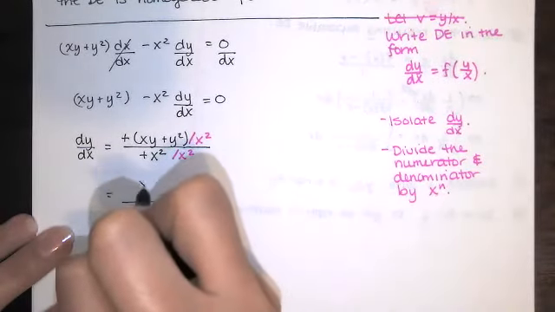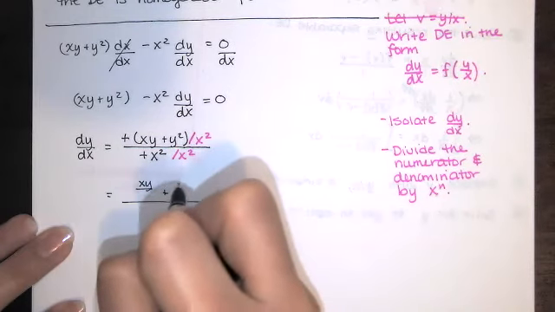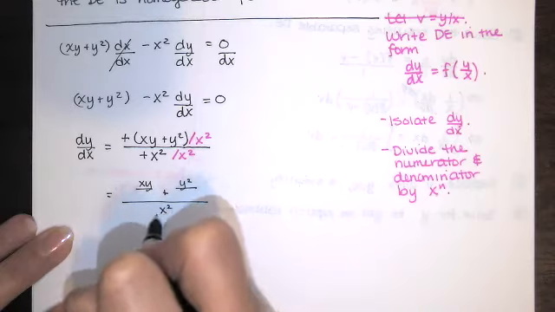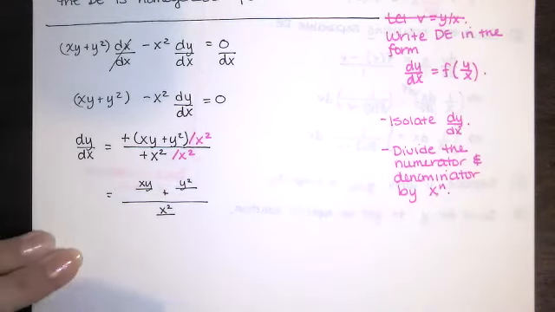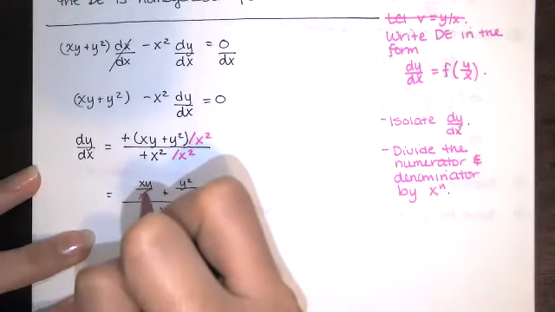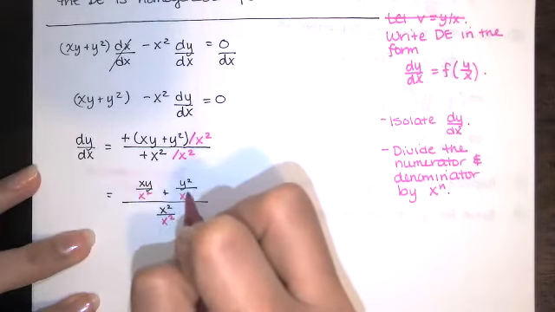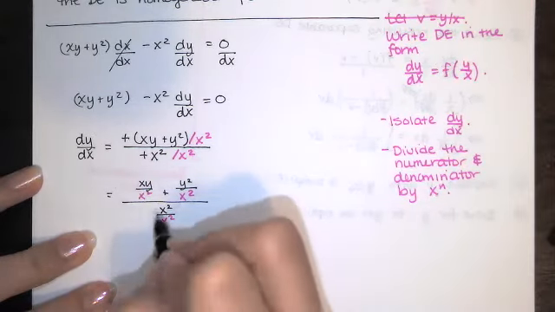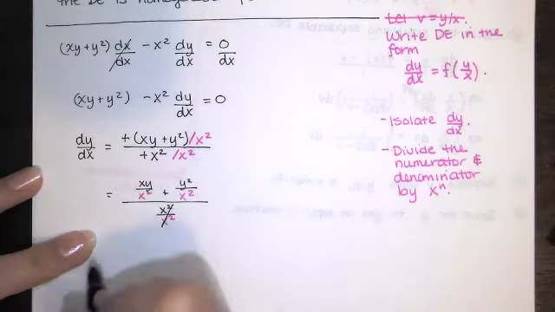So we have xy divided by x squared plus y squared divided by x squared, and then, of course, x squared divided by x squared. Actually, we had a monomial in the denominator, so we could have just divided each of these by the monomial. It's the same thing. X squared divided by x squared is just 1.